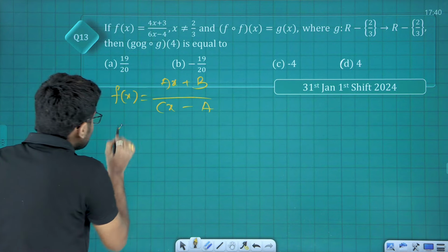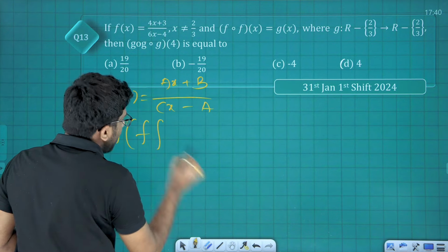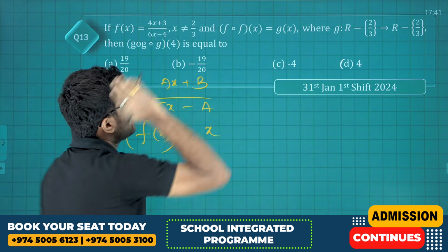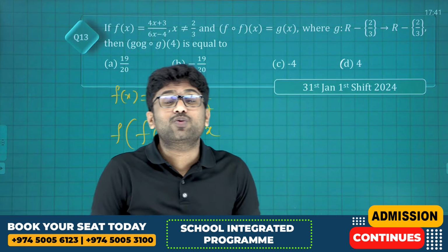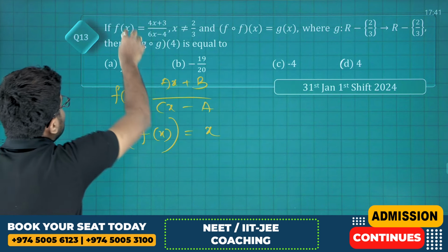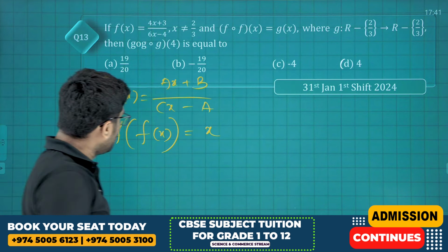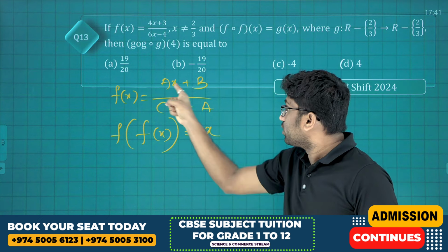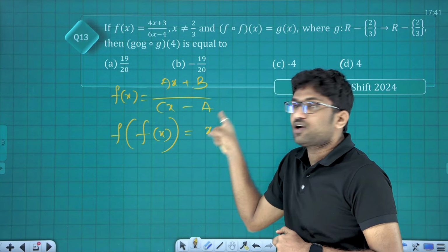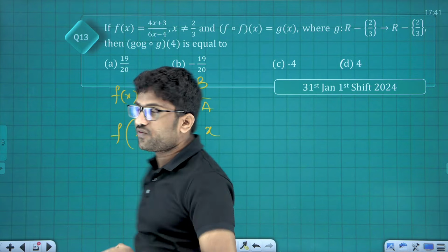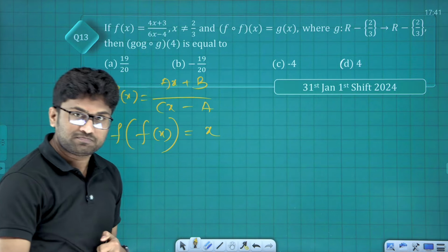Now for this function, f of f of x will be equal to x. I repeat, whenever we come across a function f of x equals ax plus b divided by cx minus a, the coefficient of x and the constant here, if you add these two and get 0, then f of f of x will always be equal to x.